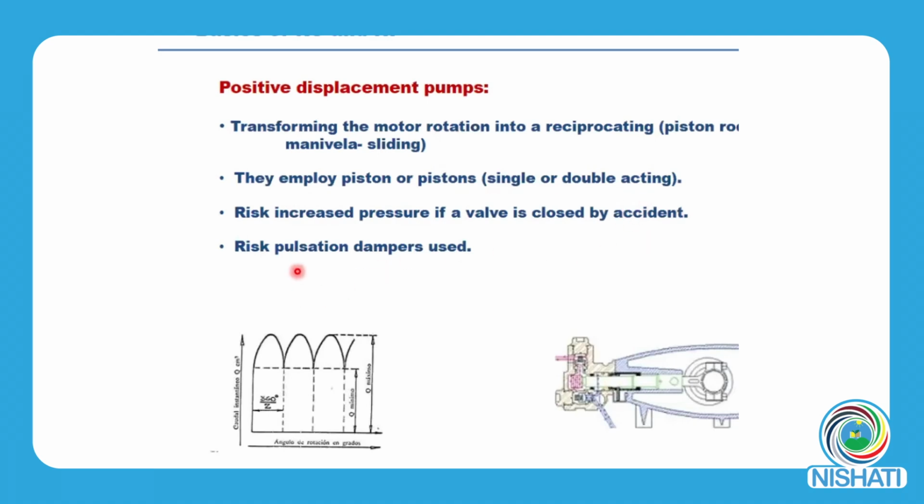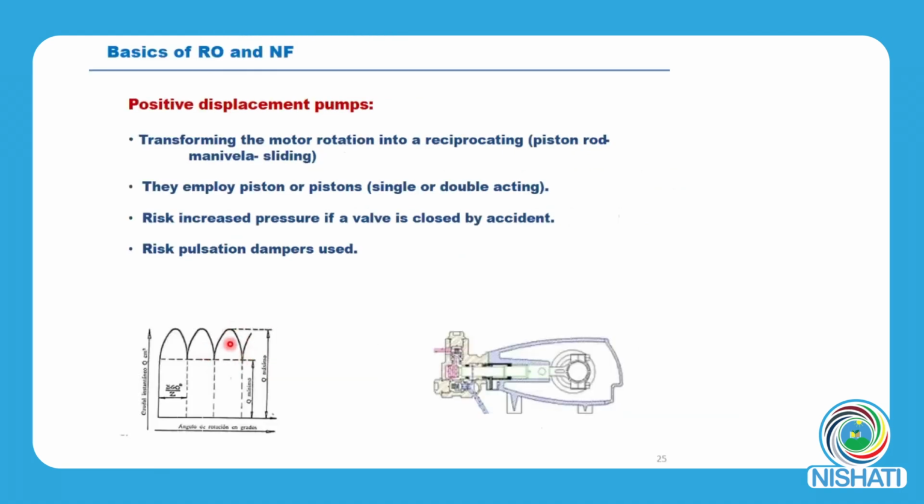We can provoke an important accident and somebody can be injured. These pumps have an advantage and also a disadvantage. The advantage is that you can get very high pressure. However, you have pulsations.